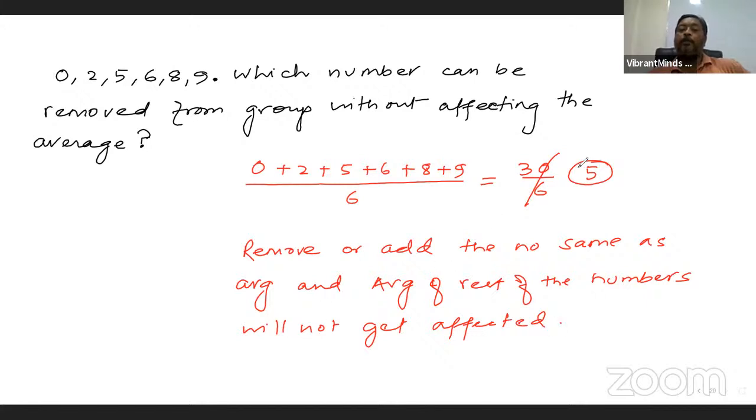You understand? Since I have got an average of 5, I will remove 5 from it and my average will not get affected. Now see for yourself.